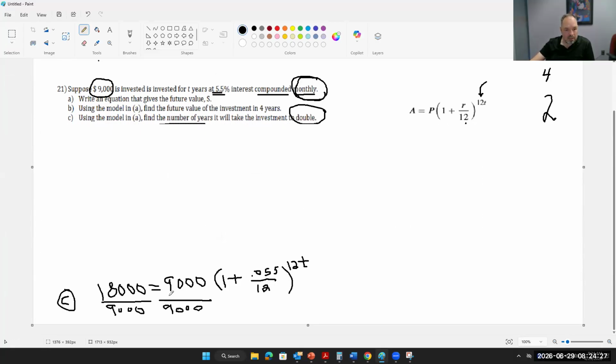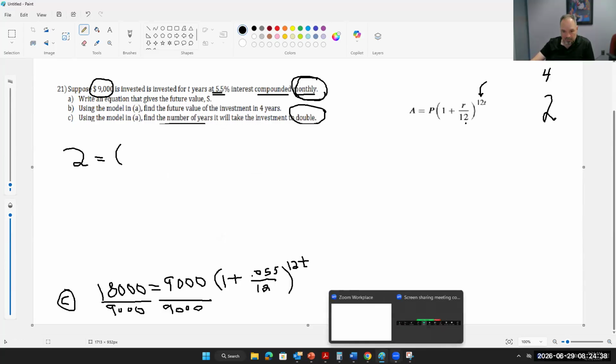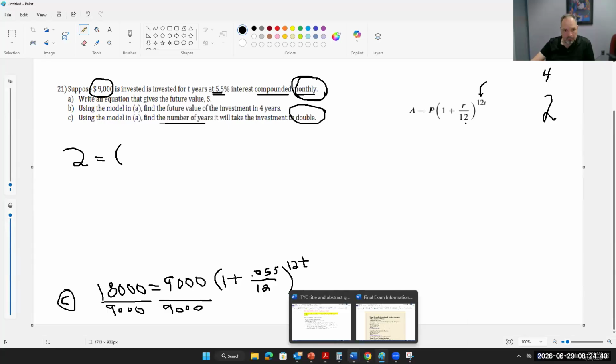If I divide both sides by 9,000, that leaves me with 2 equals. See, I think this is a good place to use that other value.